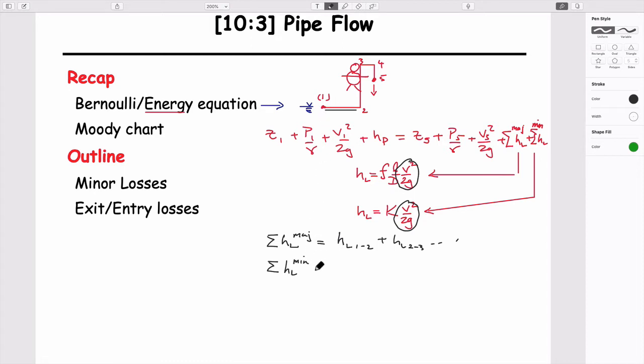There'd be an input head loss, which we'll talk about in a little while, and then head loss in fitting 1 plus head loss in fitting 2, etc., all the way through to head loss 5. And this would be through to head loss 4 to 5, etc. And each of these can be recovered just from noting the individual components.